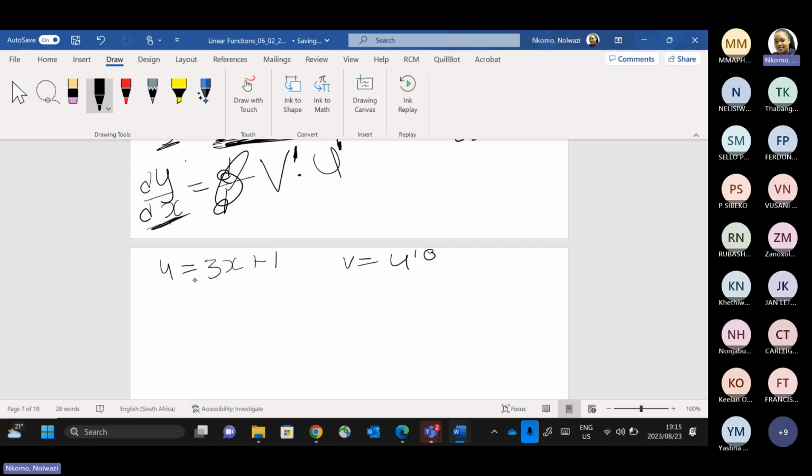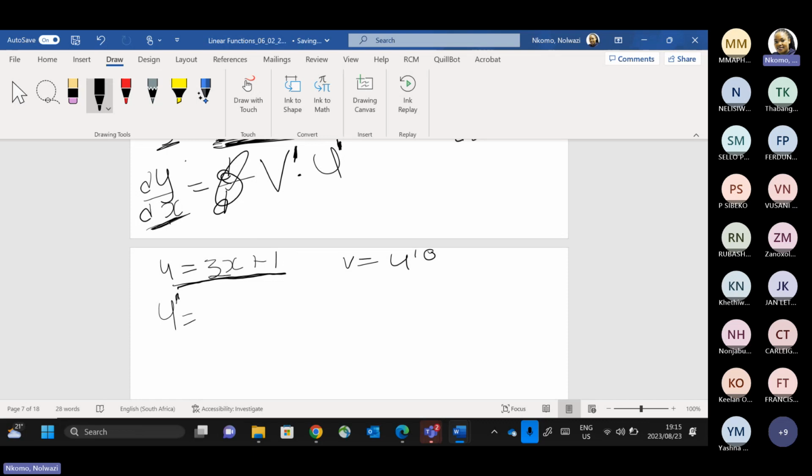If we are given u as 3x + 4, to find its derivative we need to apply the power rule, meaning we need u prime.